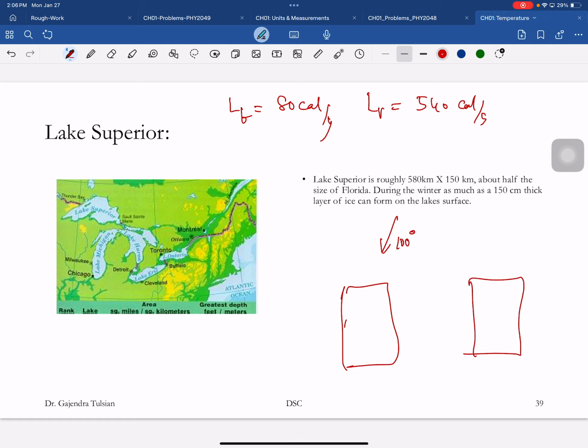This is 100 degrees Celsius, 1 kg of water. This is 100 degrees Celsius, 1 kg of steam. Which would you rather have thrown at you? They're at the same temperature.